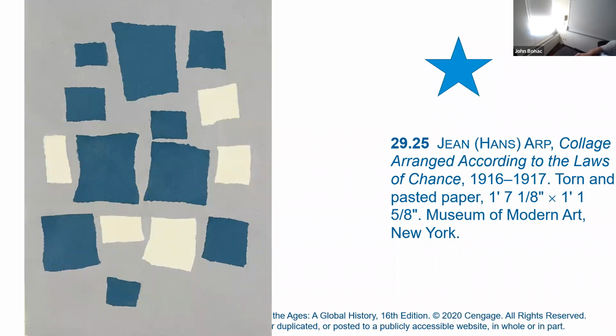He had black paper, and he tore the white and the black paper up into irregular rectangular pieces, and he threw them up in the air, and where they landed on this sheet of gray paper, he pasted them down, torn and pasted paper. And that's how he created this artwork.